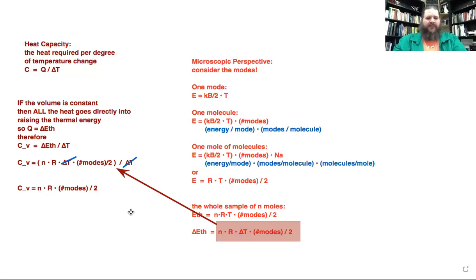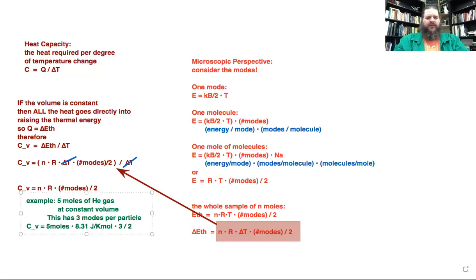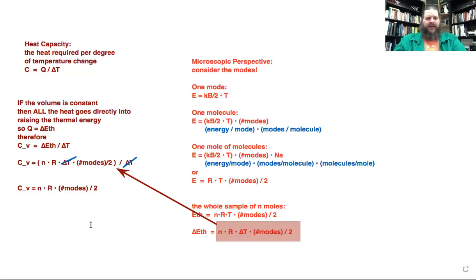So if we just fill this into the formula, we should expect its constant volume heat capacity to be 5 moles times 8.31 joules per Kelvin mole times 3 per particle divided by 2. Moles cancel out, so we get 5 times 8.31 times 1.5, which is about 62.3 joules per Kelvin.